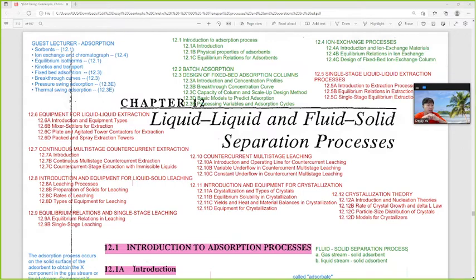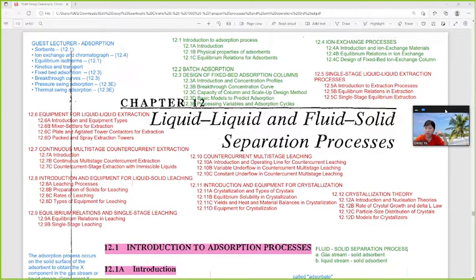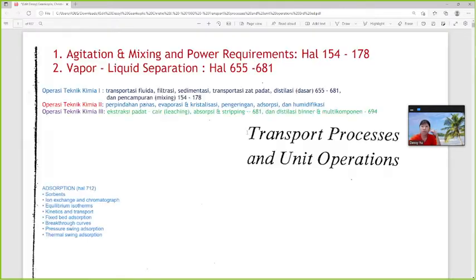Okay, let's see the sub-material for the adsorption. We can utilize Geankoplis, here we call it the Geankoplis book, Transport Processes and Unit Operations.